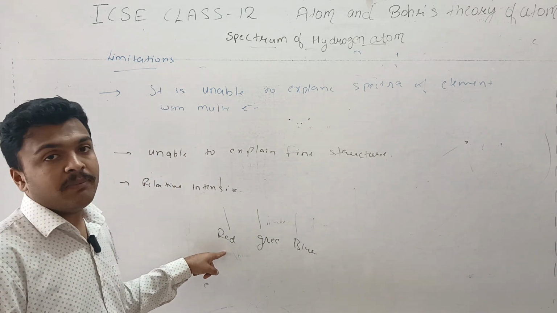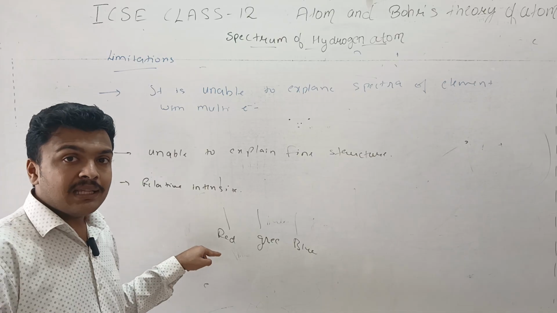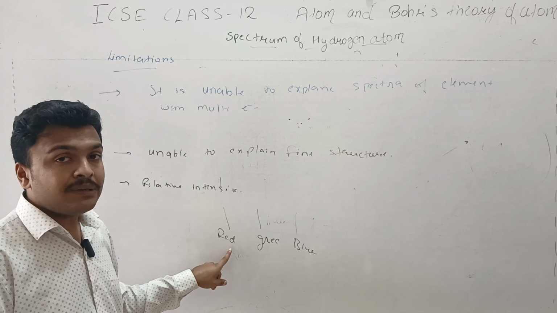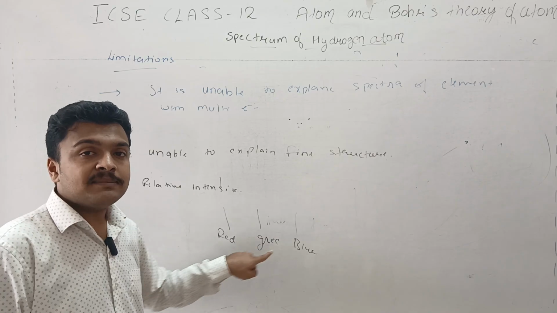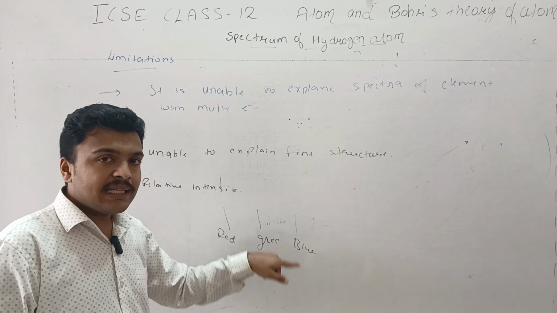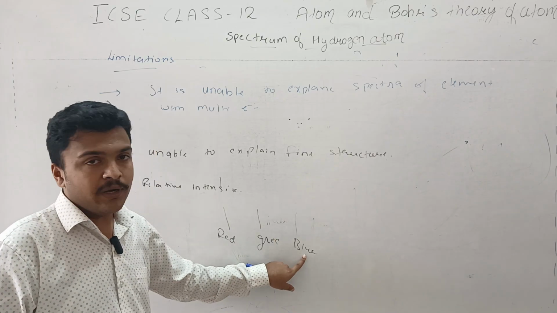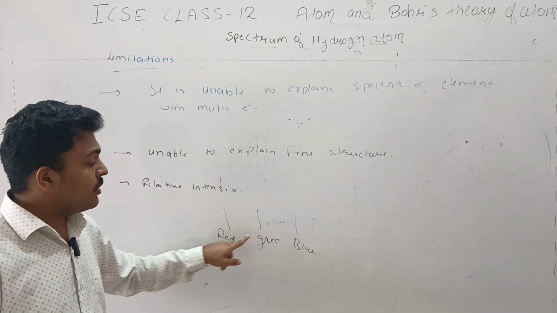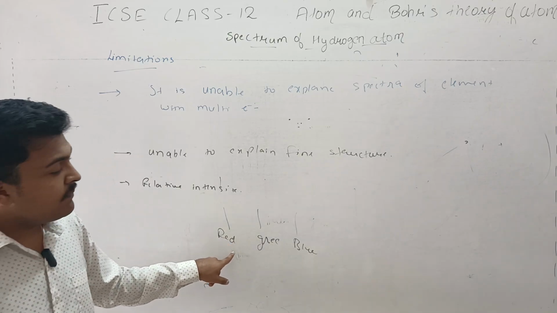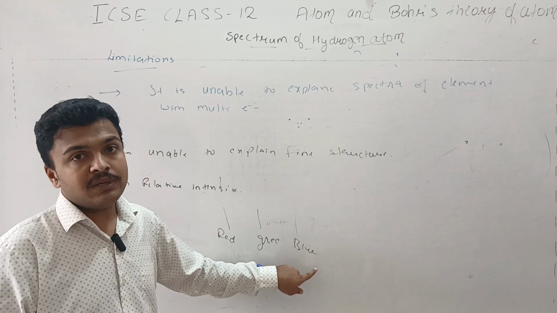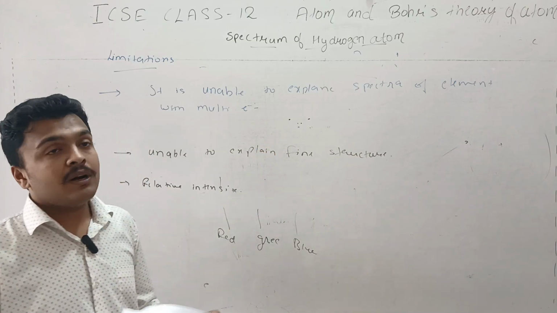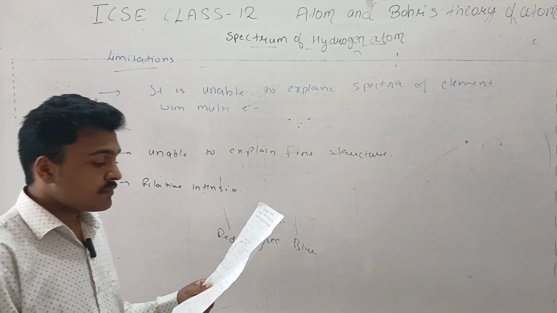Red light is brighter, it means more transitions are happening which correspond to red light. Blue light is not as bright as red light, it means fewer transitions correspond to blue light. So why are there more transitions corresponding to red light and fewer corresponding to blue light? This also Bohr was unable to explain.